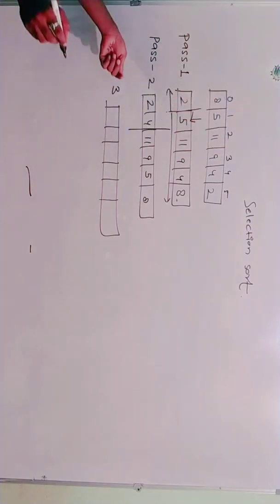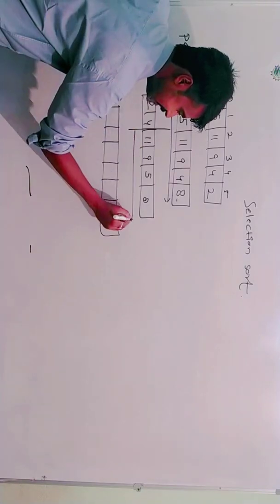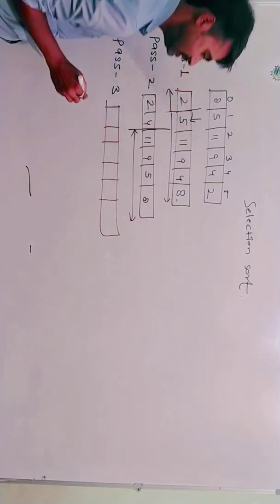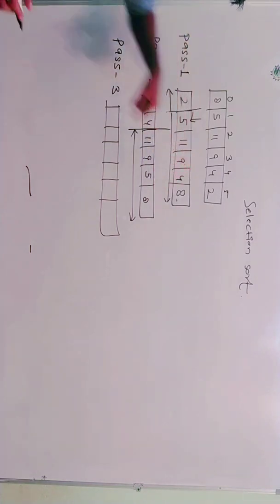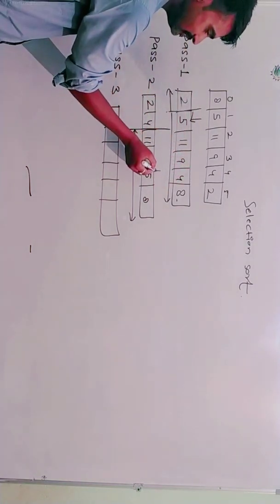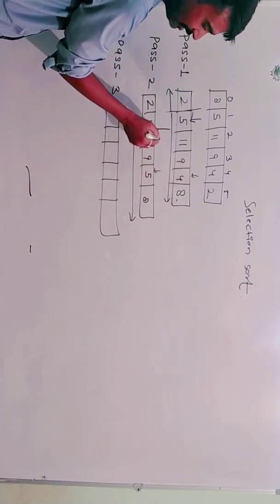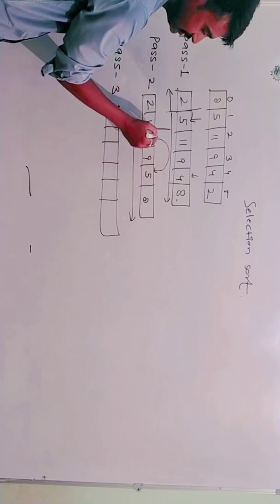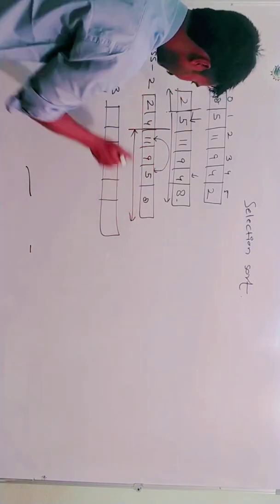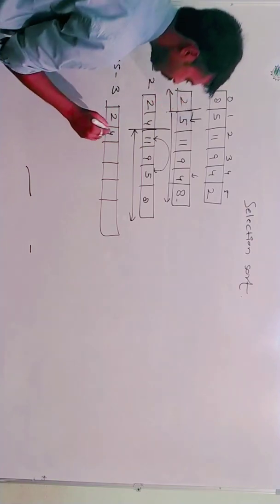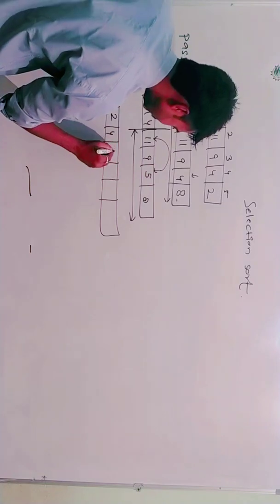In pass 3 we have to find the smallest element in this sub array. What is the smallest element in this sub array? It is 5. So 5 will be replaced with the first element of this sub array. Okay, now 2, 4. The first element of this sub array is 11.